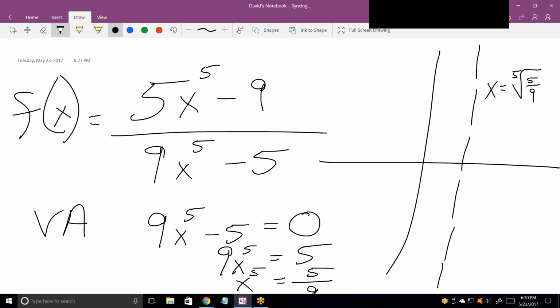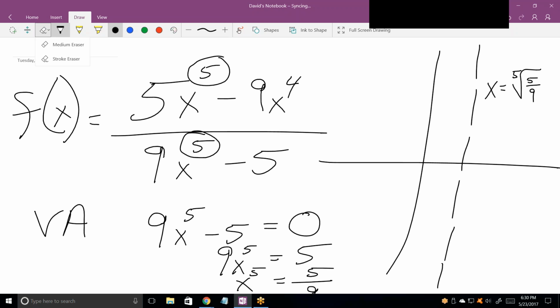The harder one is, where's the horizontal asymptote? It's not really the harder one. It's actually the easier one. But you have to remember the rule. Where do horizontal asymptotes come when the highest power in the numerator is the same as the highest power in the denominator? And that's the only thing that counts. I could have a 9x to the 4th there, and it would not matter.